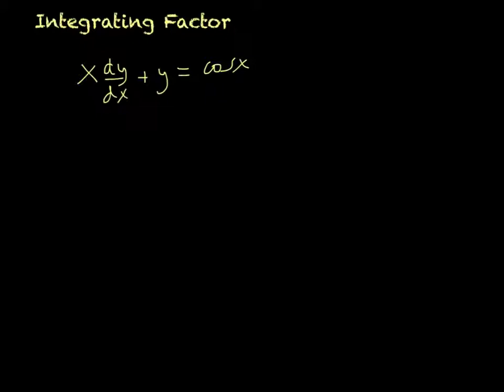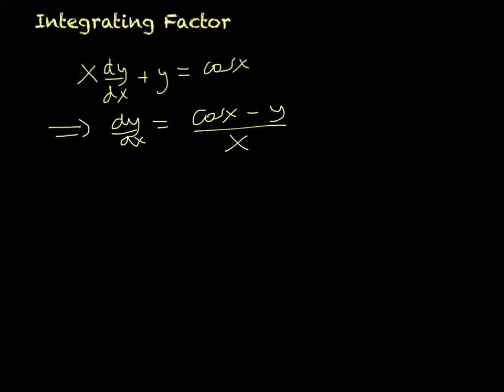So let's look at this first order differential equation we've got here. Now, if we try our methods, and remember what I just said, let's try our method of seeing whether this is separable or not. And what I said was we would move everything over to the right hand side and get dy by dx by itself, which is what we have here.